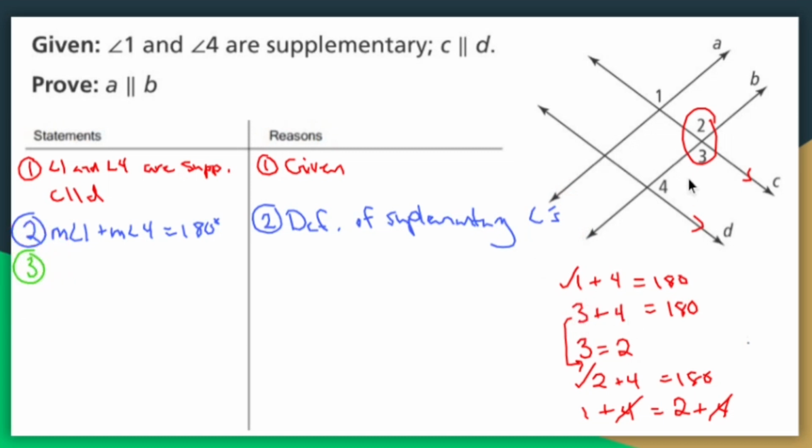I then said that the measure of angle 3 and 4 add up to 180 degrees, and that is the definition of same side interior angles.